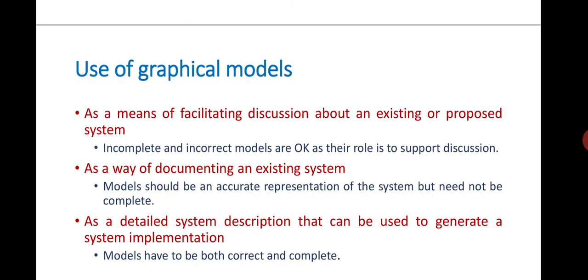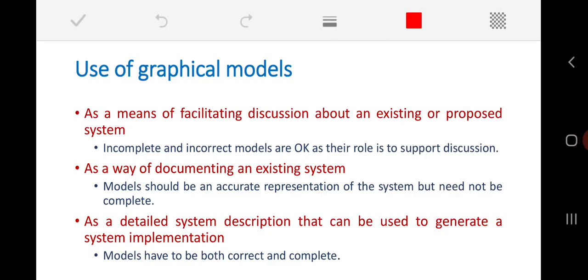So now, how are these graphical models useful as far as our system models are concerned? Whenever we represent the system models in terms of graphical notations, the very first use is that we can think of the graphical model as a means of facilitating the discussion about an existing or proposed system.